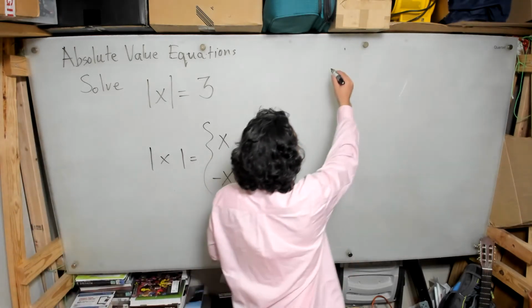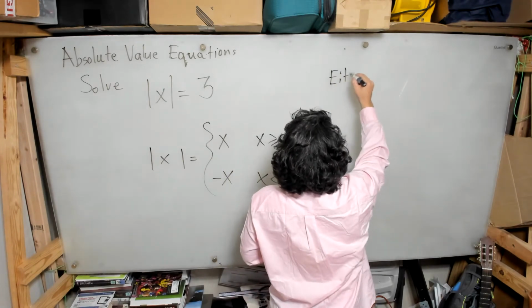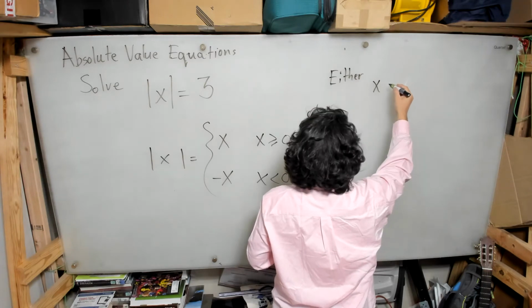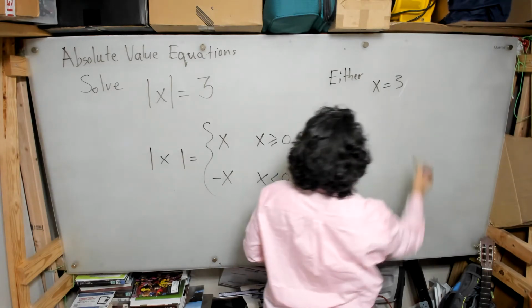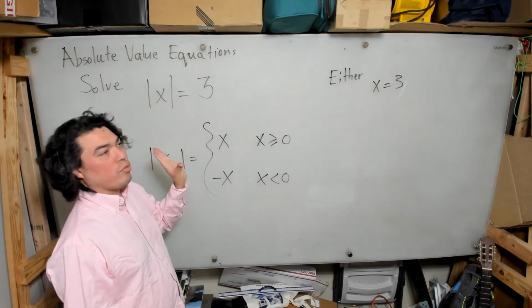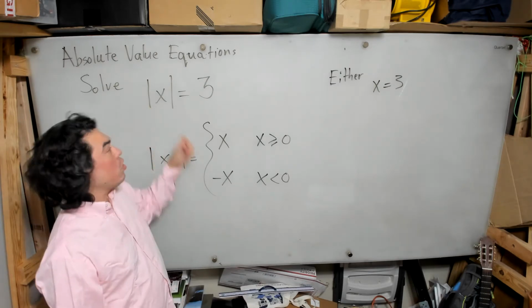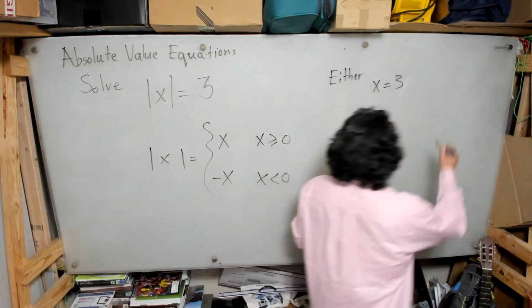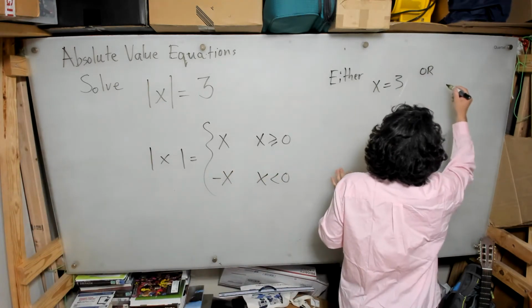Either x is already equal to 3, right? If x is positive, we can just remove the absolute value. Or what if the inside is negative? Then we take its opposite, right?